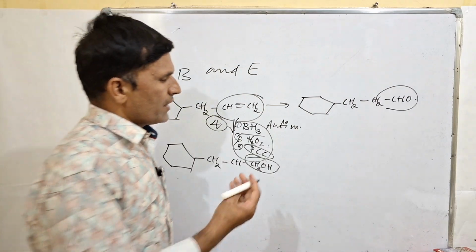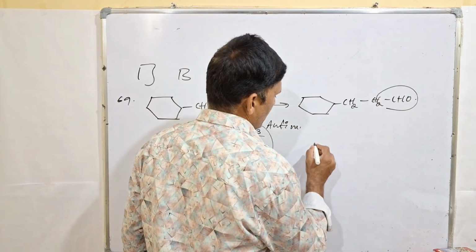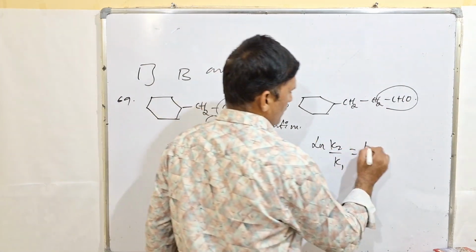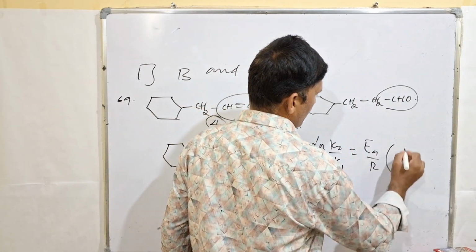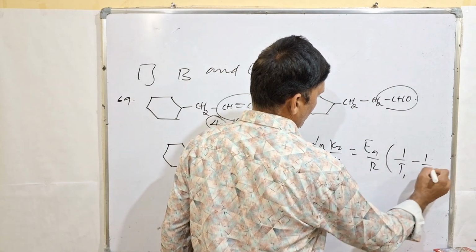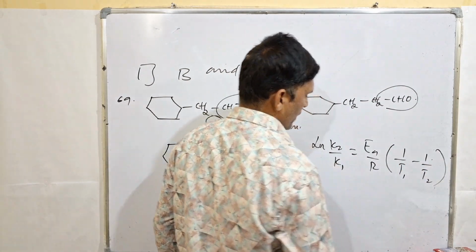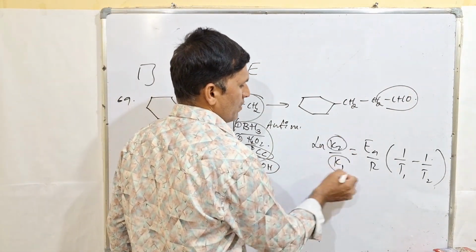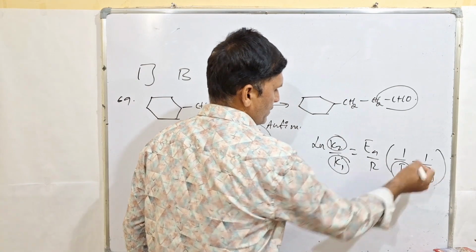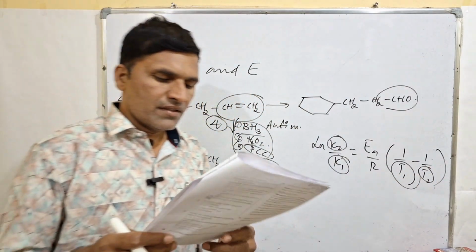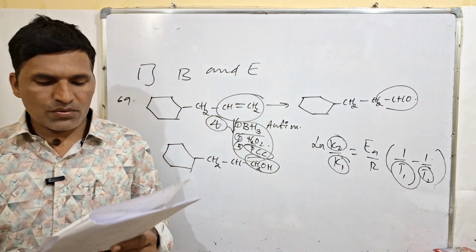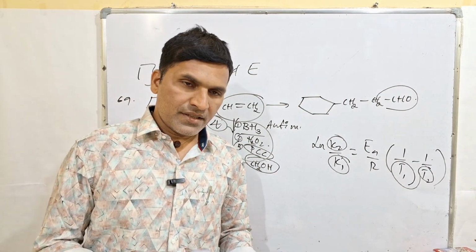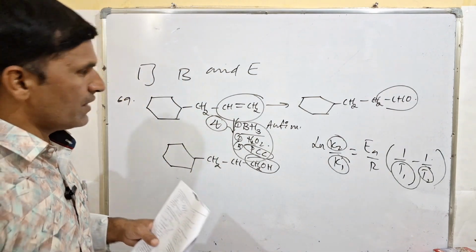So if you want to calculate the energy of activation, the formula is ln(K2/K1) = Ea/R × (1/T1 − 1/T2). So therefore, you have to know the rate constant of the reaction at two different temperatures. So therefore, your right option is the second option, rate constant at two different temperatures, right? Right. The next question is question number 71.